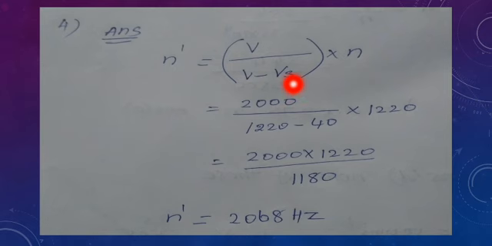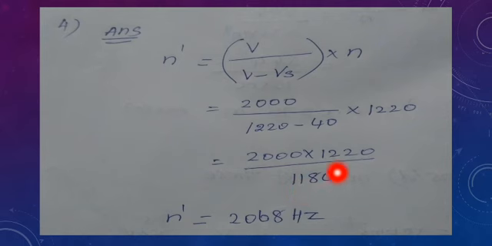Here vs is the source velocity. So 2000 into 1220 divided by 1220 minus 40. Therefore 1220 minus 40 is 1180. Therefore 2000 into 1220 divided by 1180.